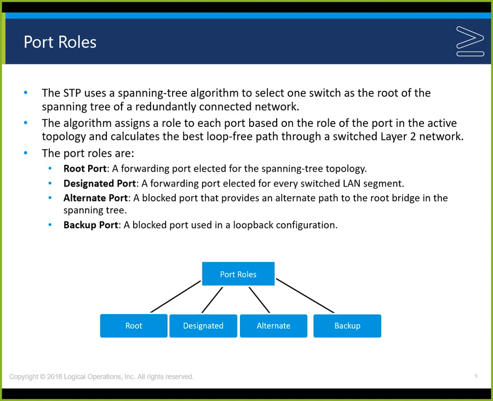And then we have the alternate port, a blocked port that provides an alternate path to the root bridge, and then a backup port, a blocked port used in a loopback configuration. I want to show a picture of what a backup and alternate look like. The backup is kind of the backup to the designated port.